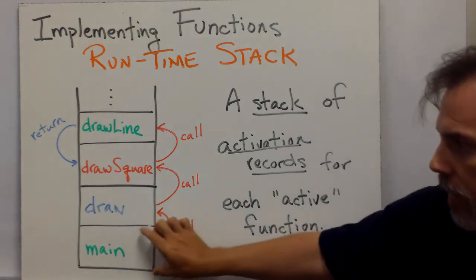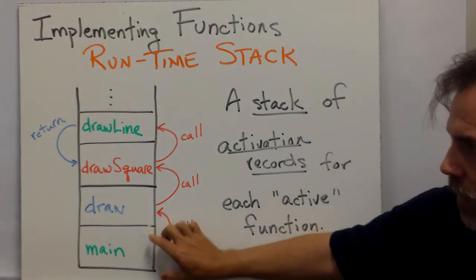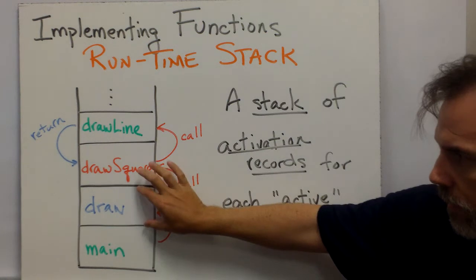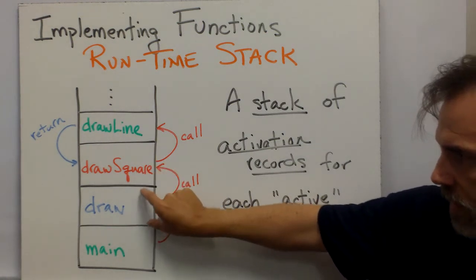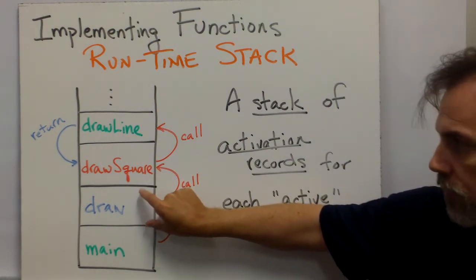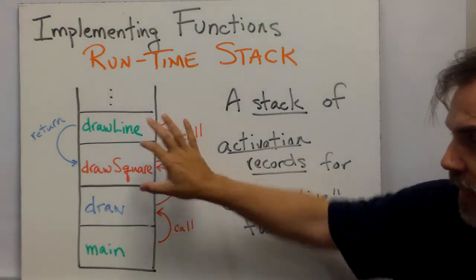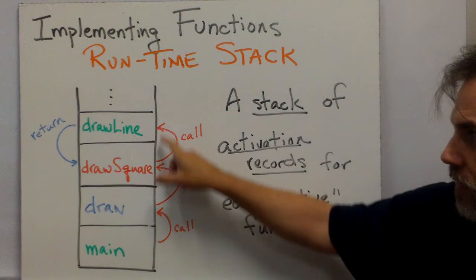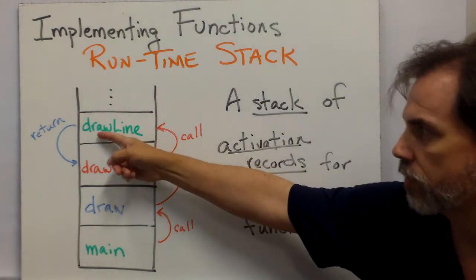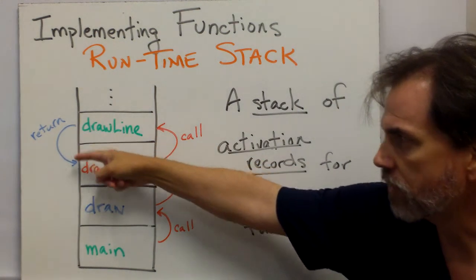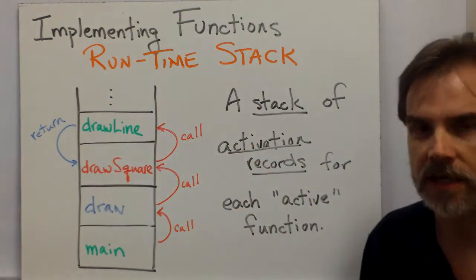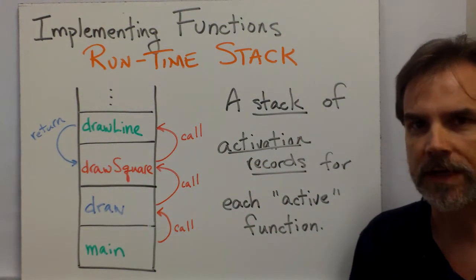So as the function main calls the function draw, the activation record for draw gets pushed onto the stack. If draw calls another function, draw square, its activation record gets pushed on the stack, and so on. And when a function returns, its activation record is removed from the stack. It's popped from the stack because it's no longer needed.